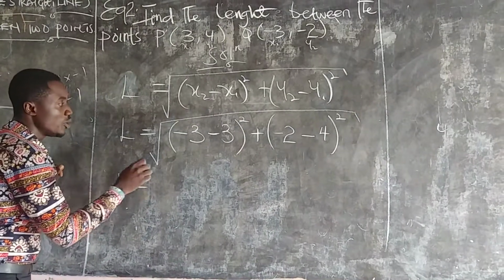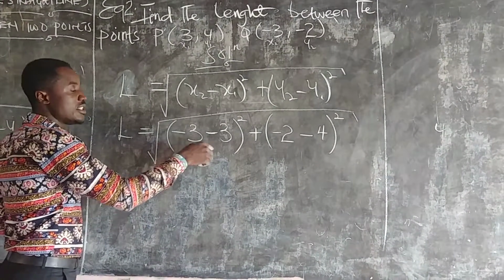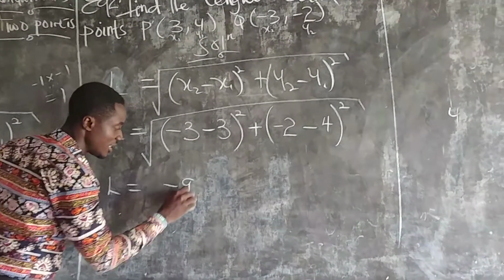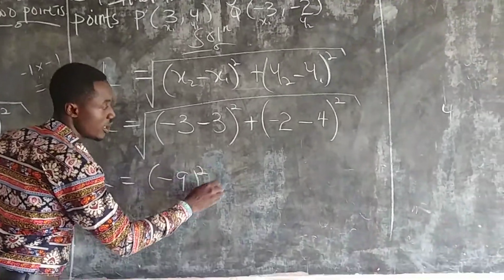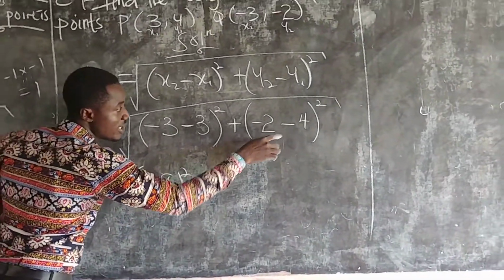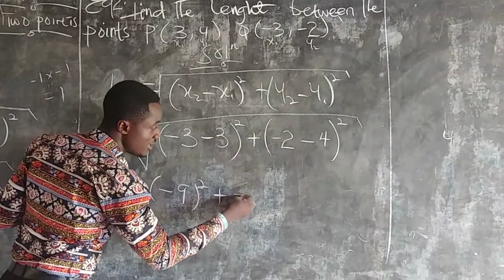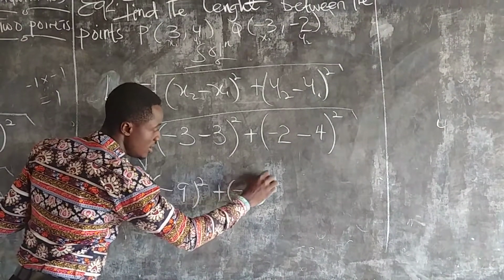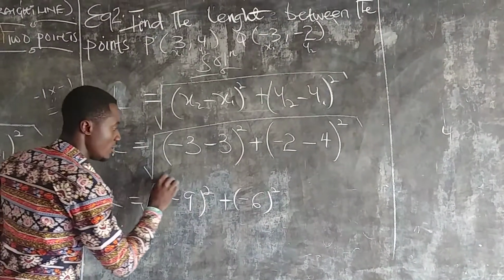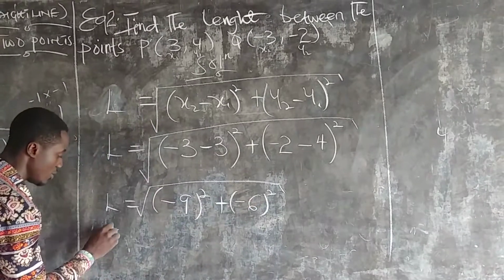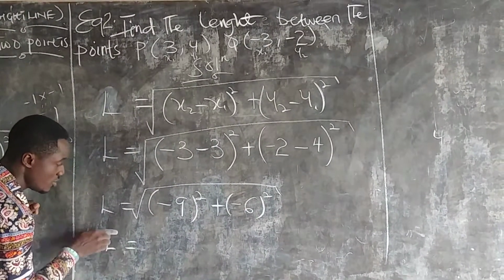So L is equal to the square root of (negative 3 minus 3, which gives you negative 6... ) squared plus (negative 2 minus 4, you get negative 6) squared. All good.